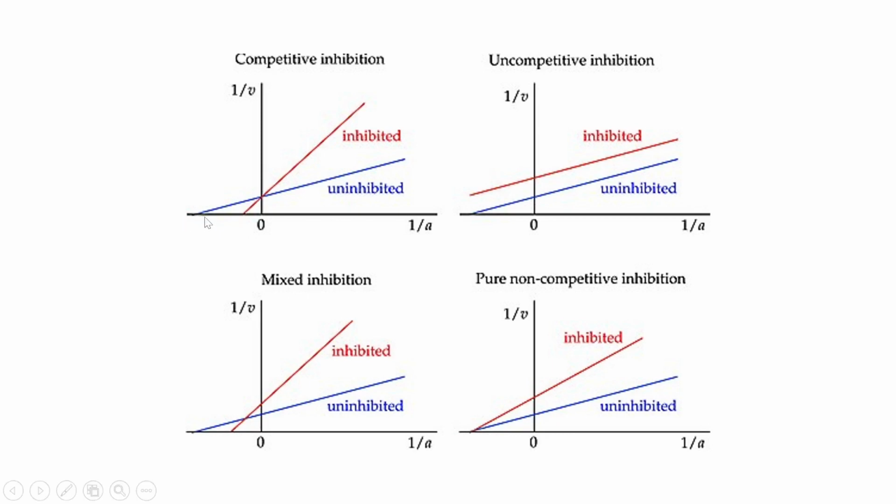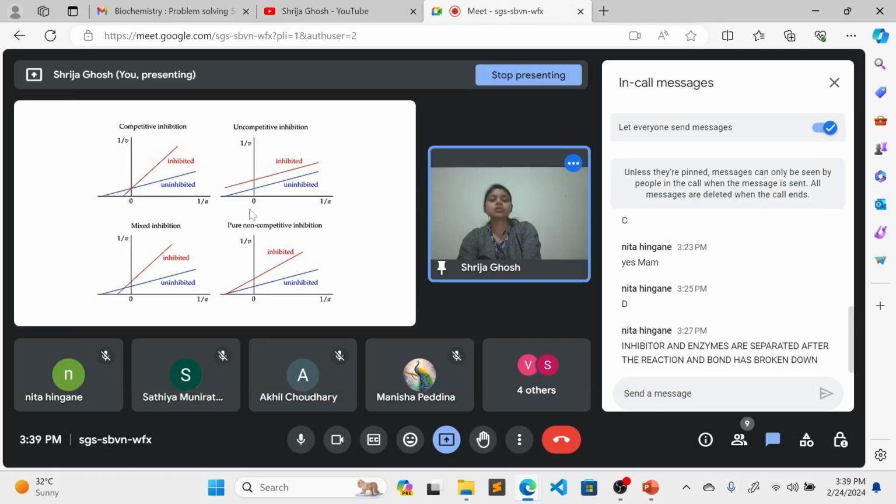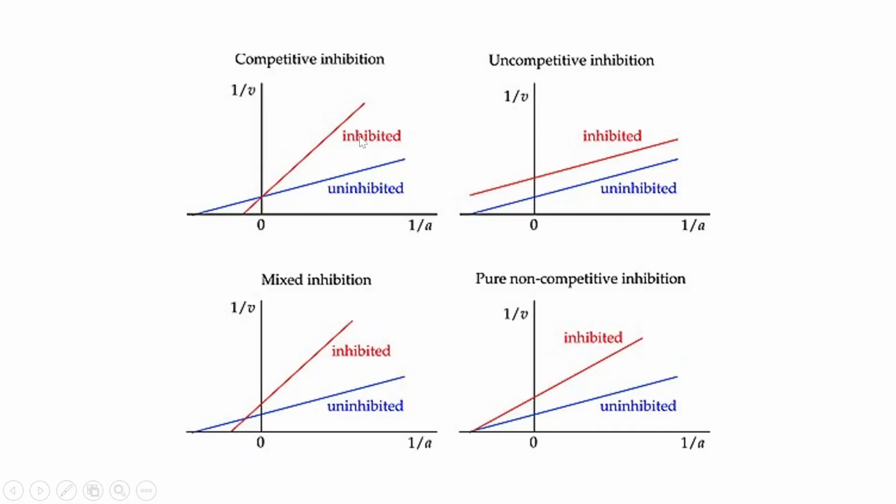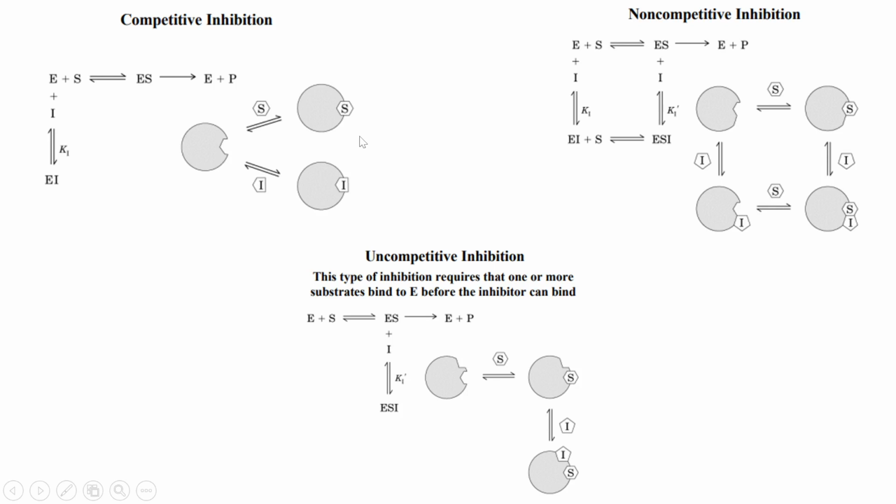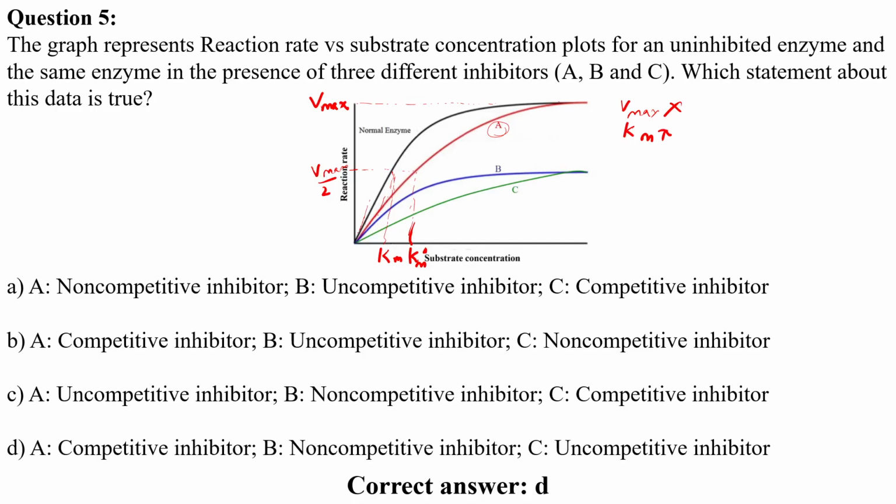So minus 1 upon Km will decrease, right? The reciprocal will decrease. So this is the inhibited one and this is the uninhibited one. So in case of competitive inhibition, this is clear why Vmax is not changing and Km is increasing.